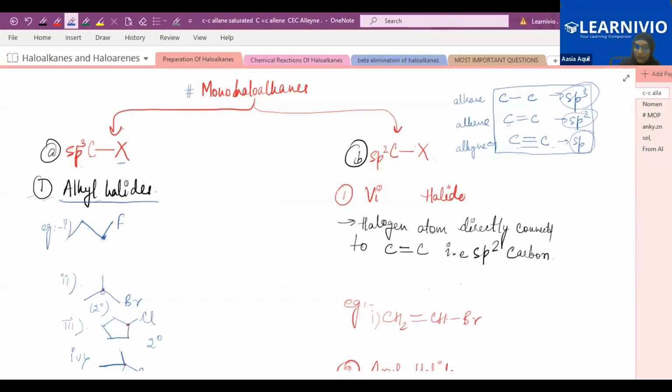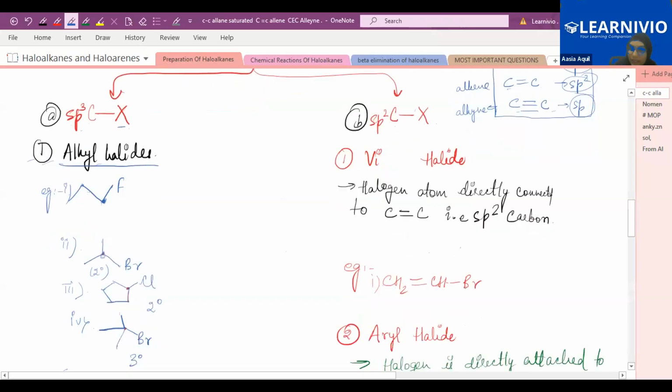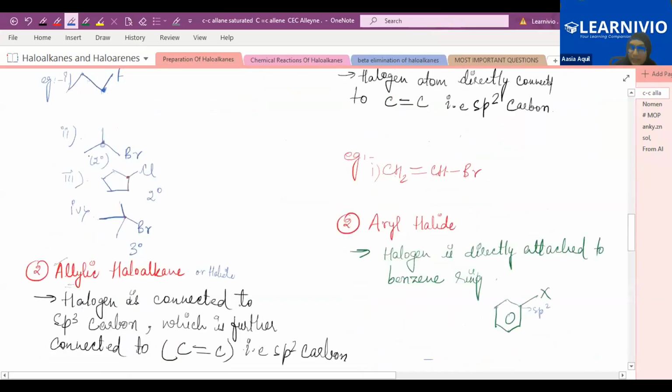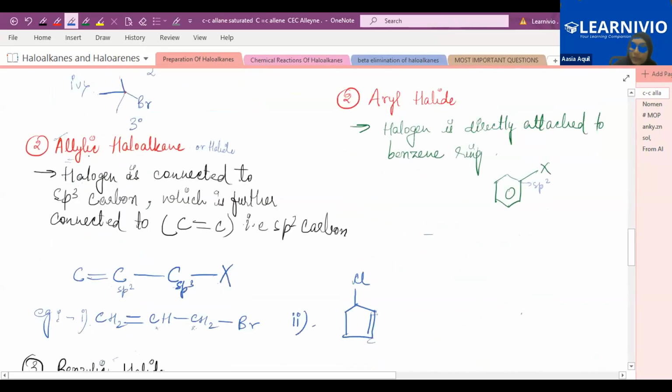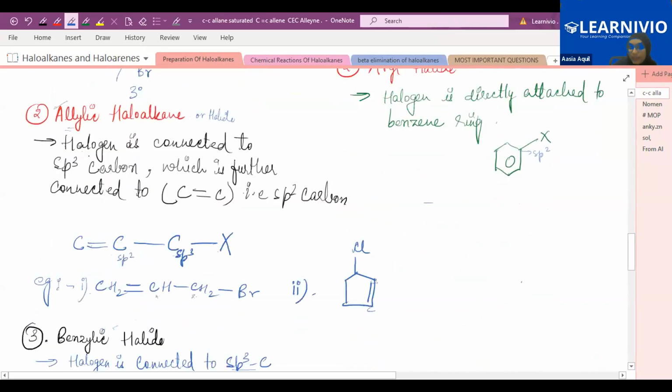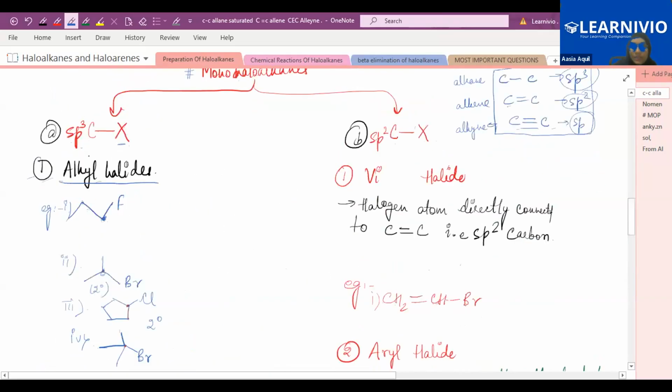Yeah, that's good. When the halogen group is attached to an sp3 hybridized carbon, we have three types of halides. First is alkyl halide, second is allylic halide, or you can say allylic haloalkene, and the third is benzylic halide. We will see them in detail.